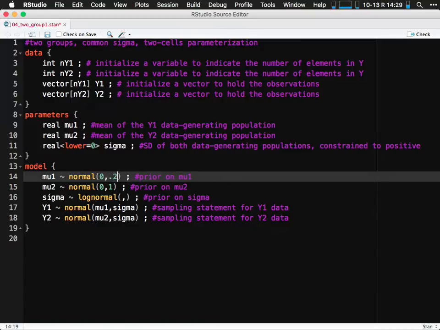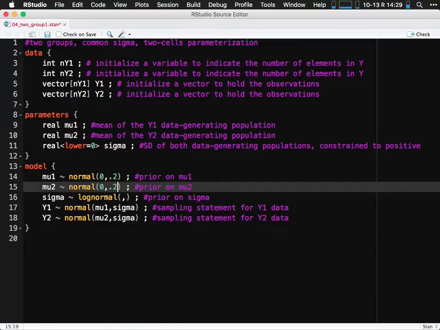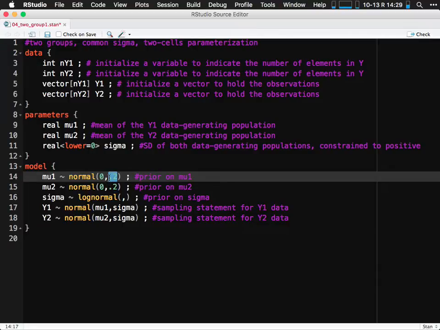Putting that at 0.2 would be really small, and it would say I'm very certain that both of these means are really close to 0. An effect size of 0.2 is not an actual effect size, it's the equivalent of an effect size. I'm thinking you standardized your data to be centered with a mean of 0 and a standard deviation of 1. So how can you be that certain about the true mean?